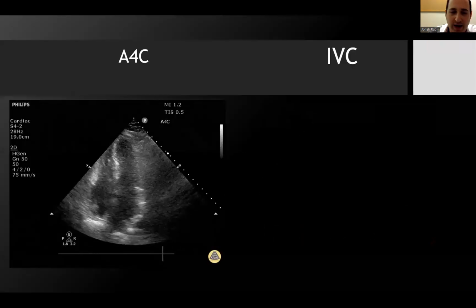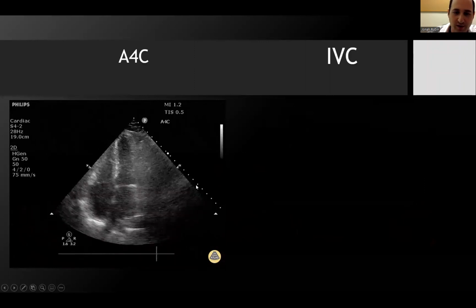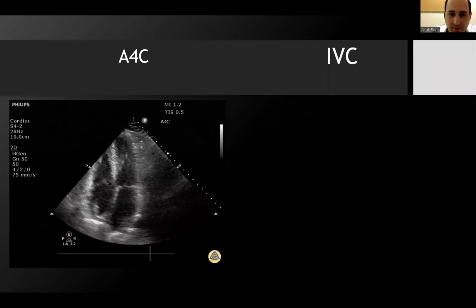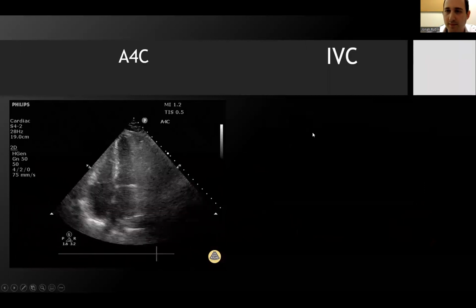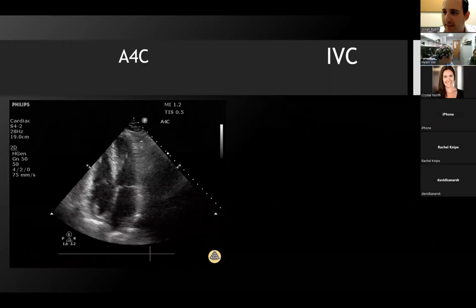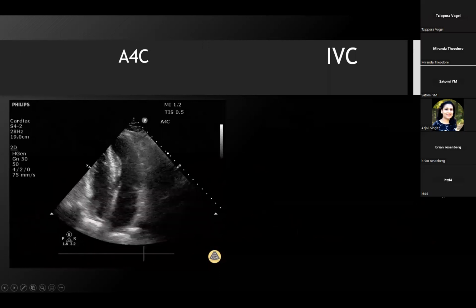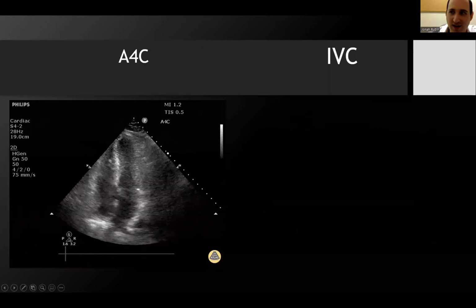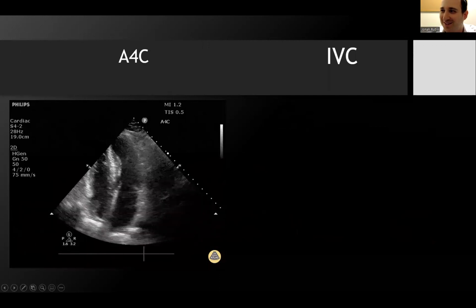All right, so now we move on to our apical 4-chamber view. What does this do to our differential and our walkthrough for this patient? Any pulmonary fellows interested in chiming in, helping Helen out?